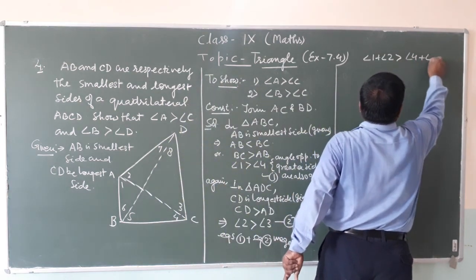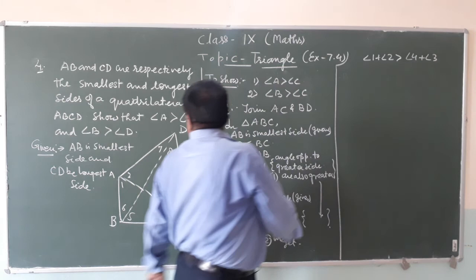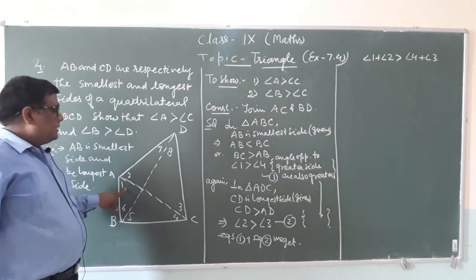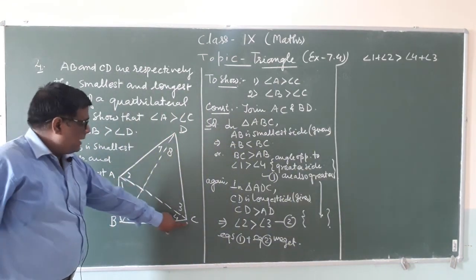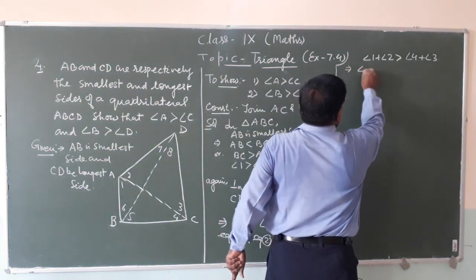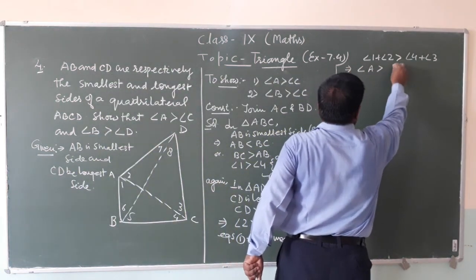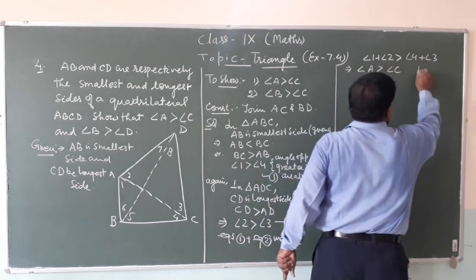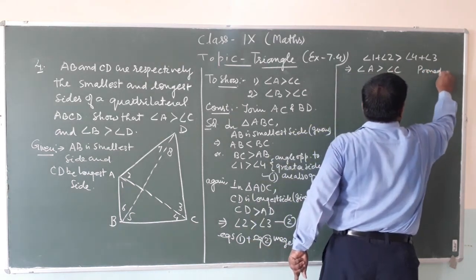Angle 1 plus 2 is angle A, and 3 plus 4 is angle C. Therefore, this implies that angle A is greater than angle C. This is our first proof.